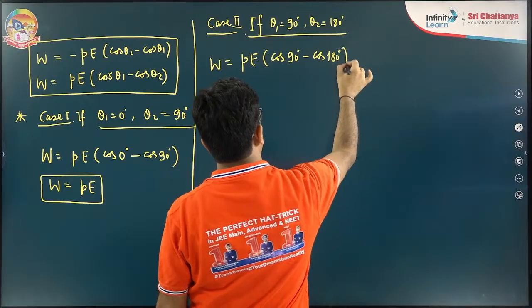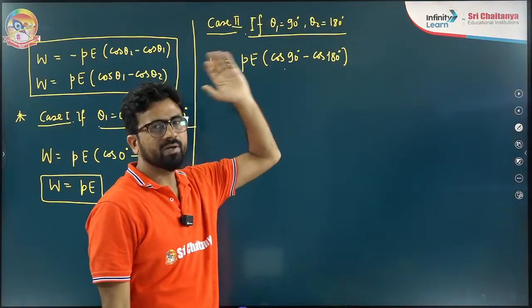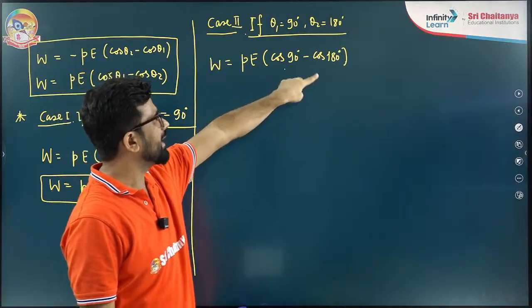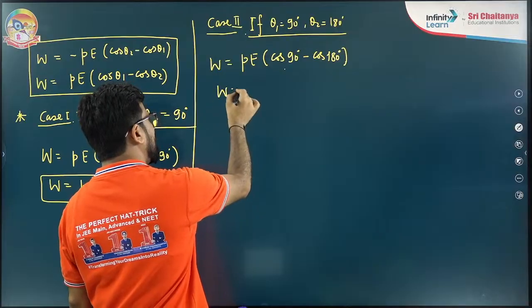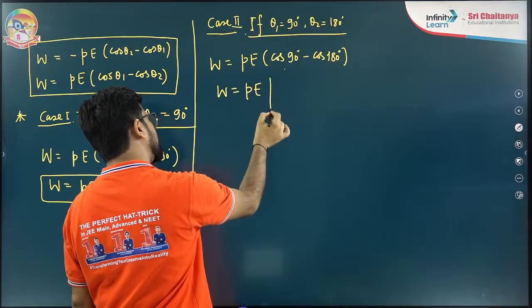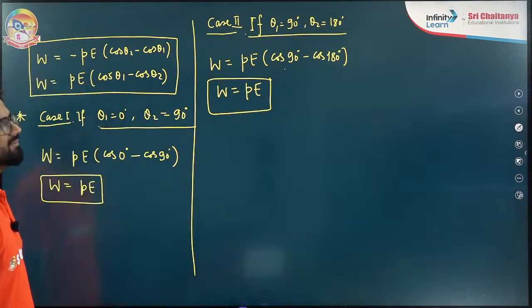Cos 90 is 0, cos 180 is minus 1, so this minus becomes plus 1. So the work done is again pE.